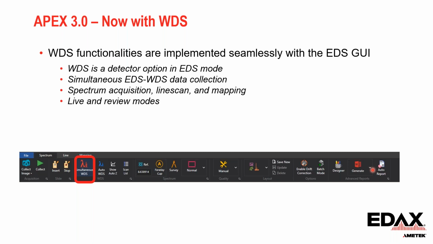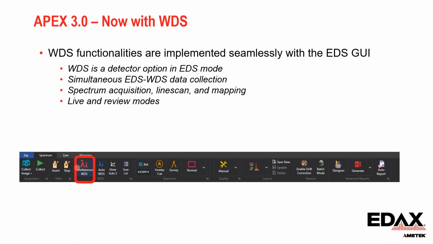Because EDS is fast, we use EDS most of the time, and when EDS hits its limits, we use WDS to improve the energy resolution and to improve the peak to background ratio.